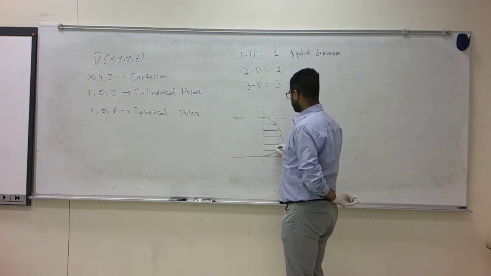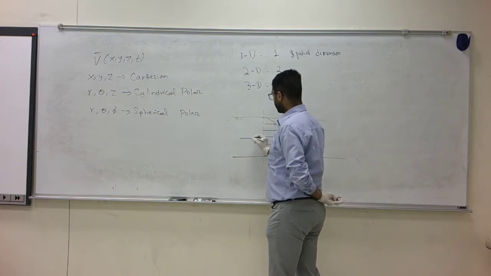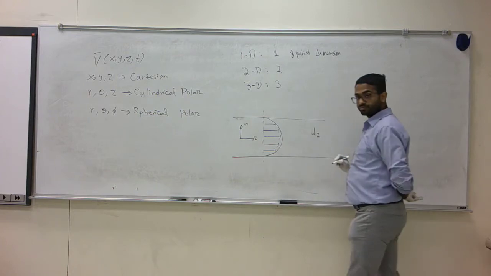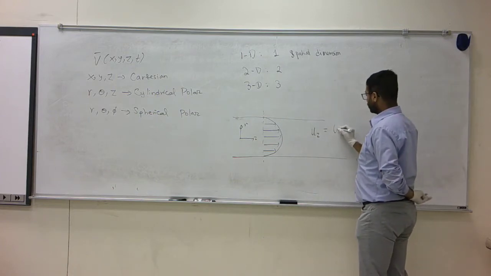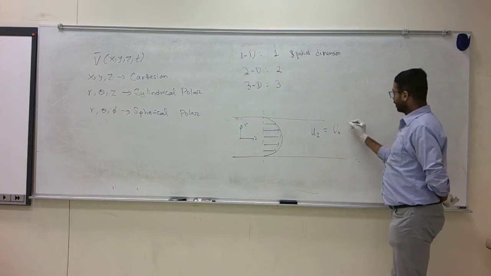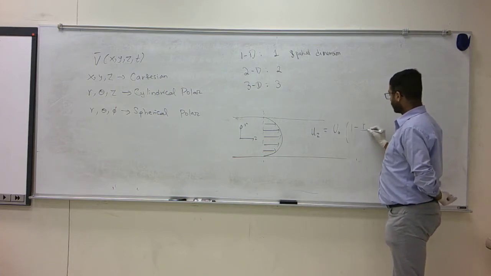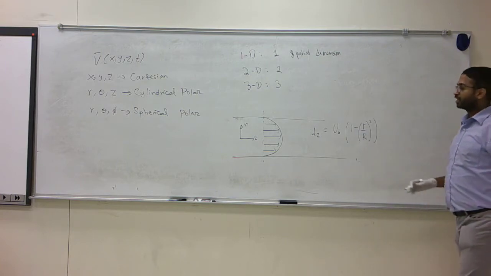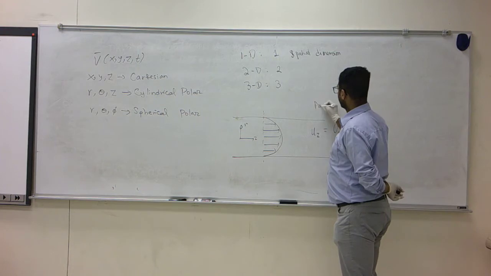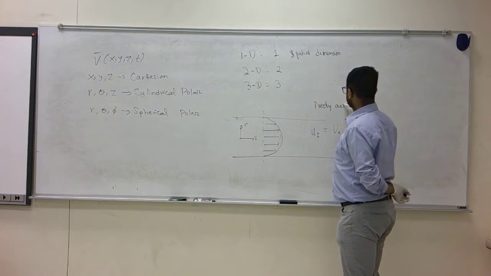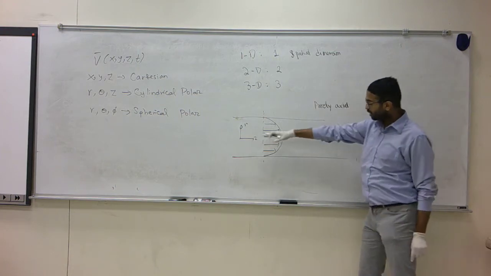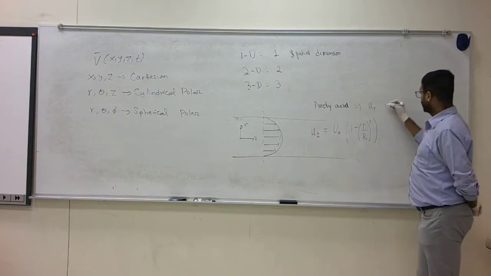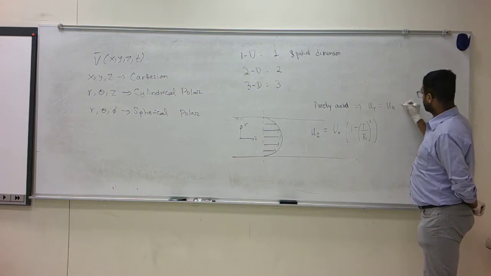By that what we mean is, if this is your z direction, this is your r direction, the velocity along z is equal to a constant like u naught times 1 minus r over the radius squared. The flow is purely axial, meaning the flow takes place only along the axis, which means the radial component of the flow and the polar component of the flow are 0.